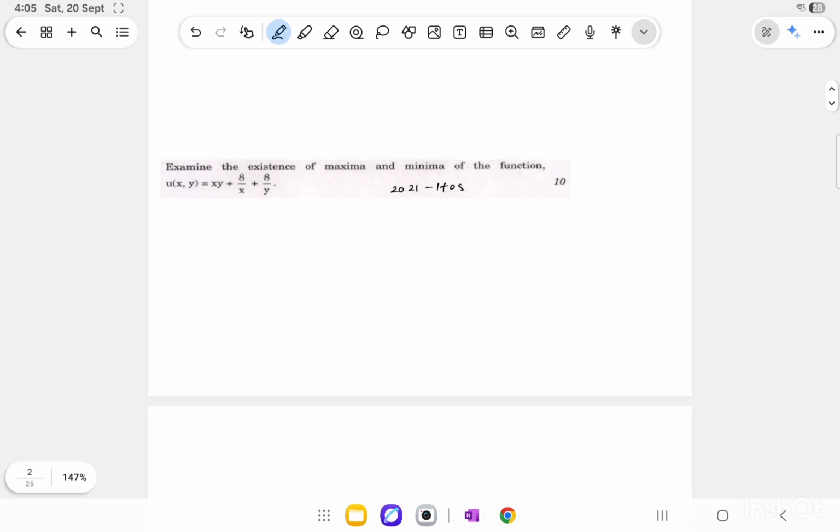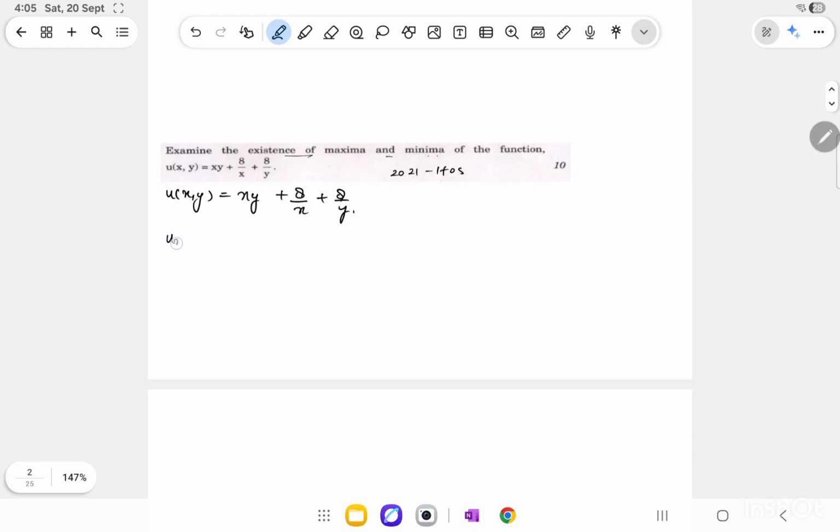So another question says that they have given us a function u(x, y) as xy plus 8 by x plus 8 by y, and we are supposed to check the existence of maxima or minima of the function. We are supposed to first find out the critical points, and then check whether it attains maxima or minima at that point. So let's find its partial derivative with respect to x.